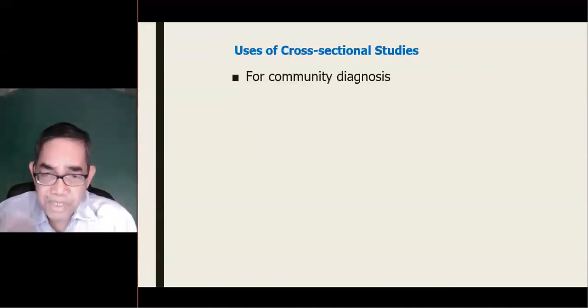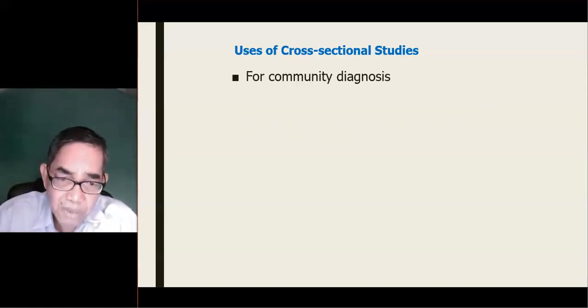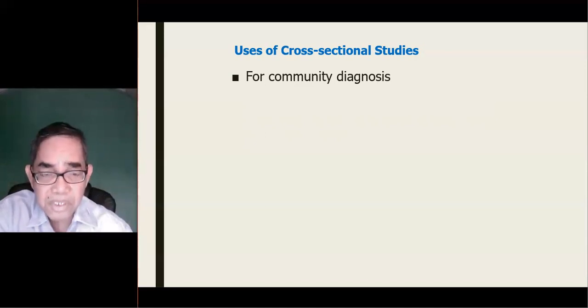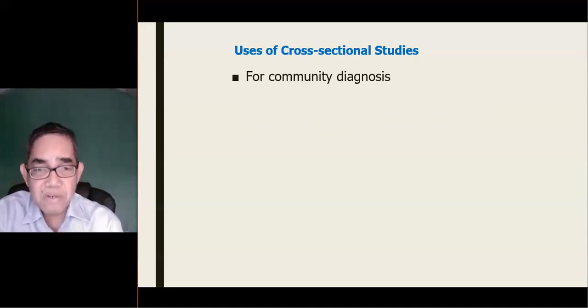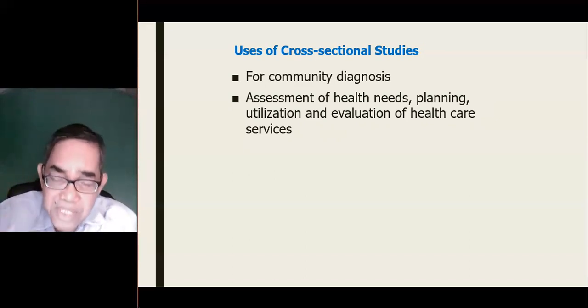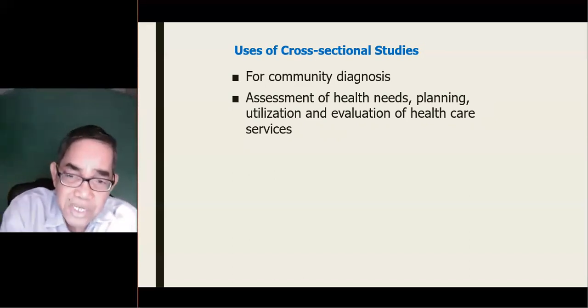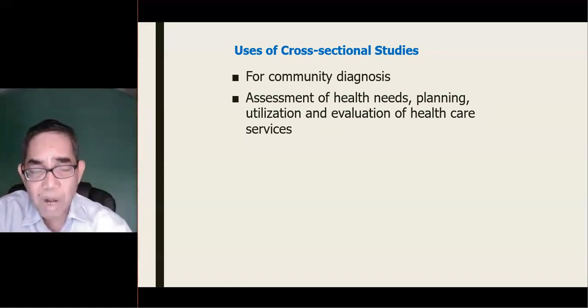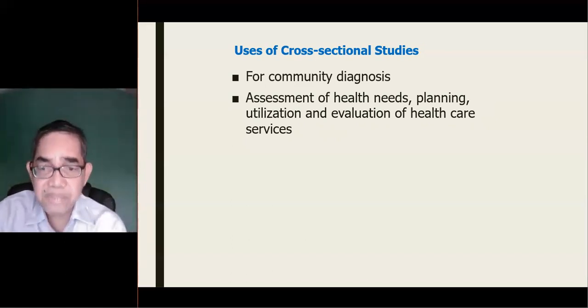Uses of cross-sectional studies: community diagnosis. So these are the most common diseases in that particular locality. So for community diagnosis, for assessment of health needs, planning, utilization, and evaluation of healthcare services. What are the most common diseases that occur in that community?